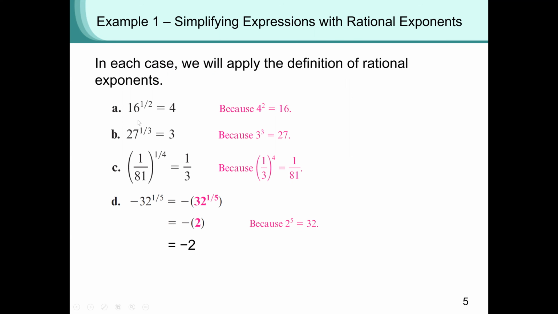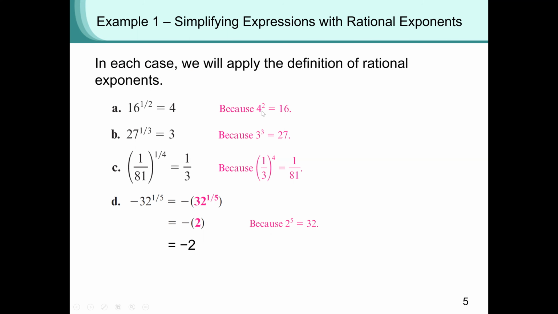So for example, if I have 16 raised to the power 1/2, this is again rational exponent 1/2. It's a fraction. Since I know that 4 squared is 16, it's the same as writing 4 squared times 1/2. So 2 times 1/2 will be 1, or they will cancel.